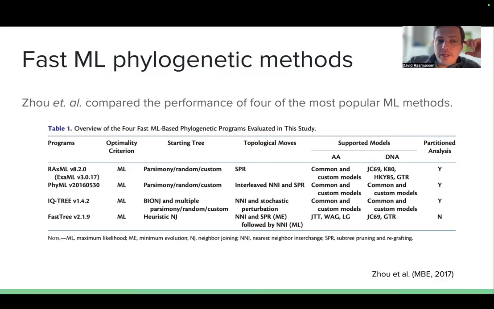Some recent work has compared the performance of different maximum likelihood methods. We, for example, have already seen RAxML, but PhyML is another very popular and widely used maximum likelihood method.